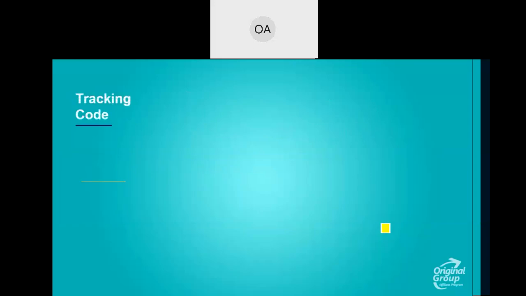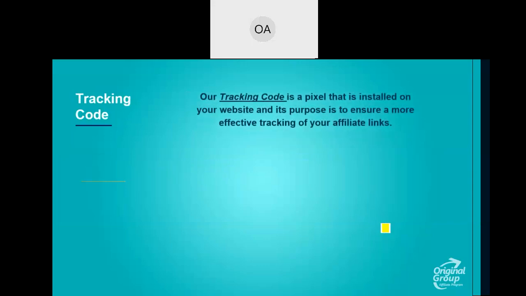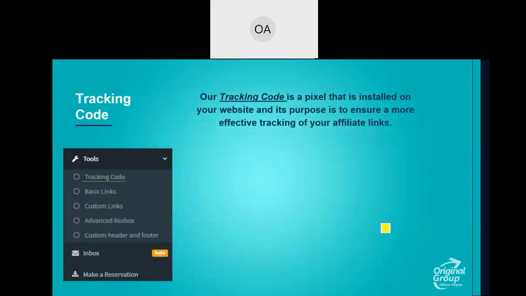Okay, so now we'll get into your tracking code, which is the pixel that you can embed in your website. This option is available through your tools as well.